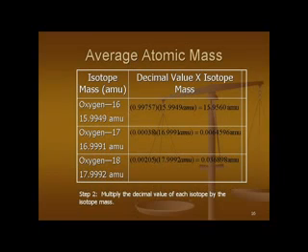For oxygen 17, 0.00038 times 16.9991 AMU gives us 0.0064596 AMU, and for oxygen 18, 0.00205 times its mass of 17.9992 AMU gives us 0.036898 AMU.